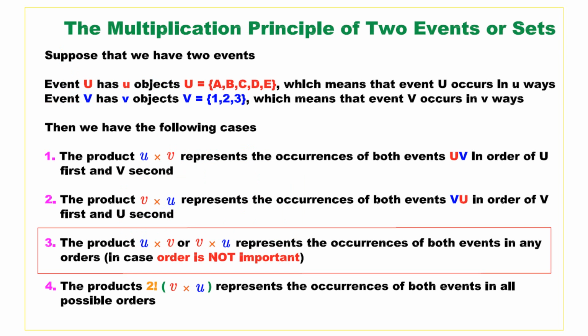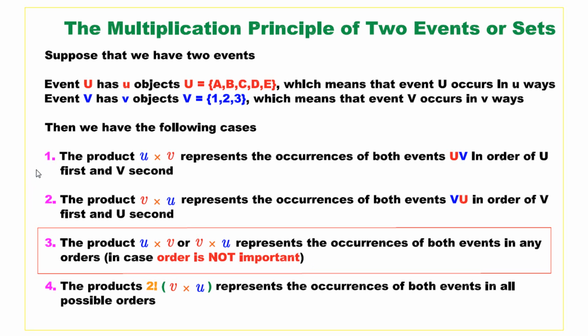But before we continue, let us remember the multiplication principle of 2 events or sets. If event U has U objects and event V has V objects, then the product U times V or V times U represents the occurrences of both events in any order. And this is the case of the multiplication principle where order is not important.